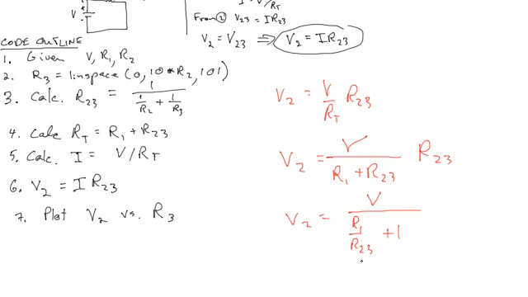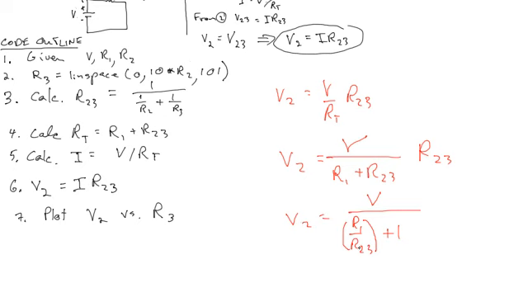As R3 increases, R23 increases. As R23 increases, this term decreases. So the denominator gets smaller, so V2 increases. It starts out at 0 and increases from there.